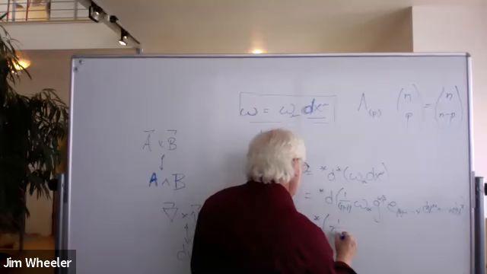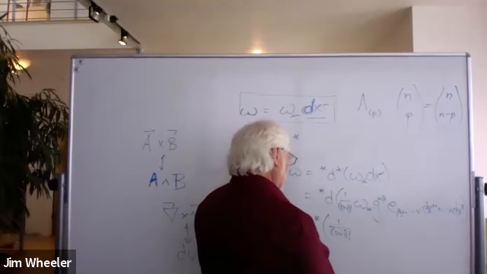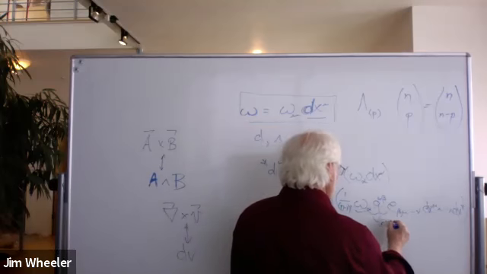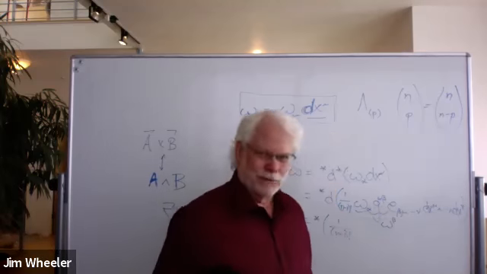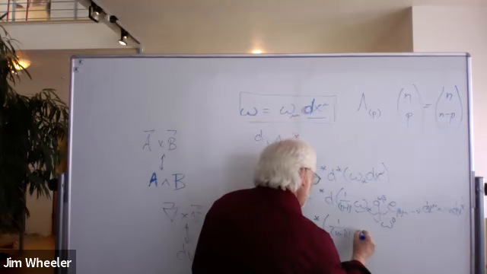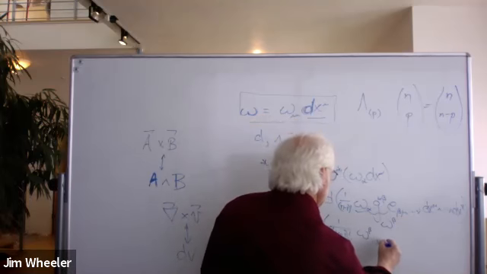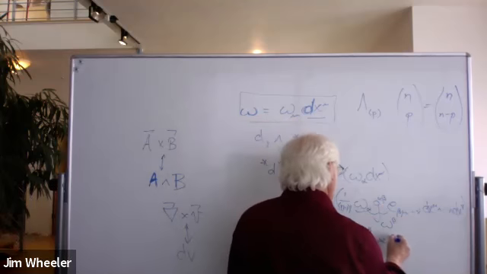and we have this 1 factorial. And I'm going to allow myself to call this omega up because it is. So I'm going to have omega beta up, comma alpha dx alpha.